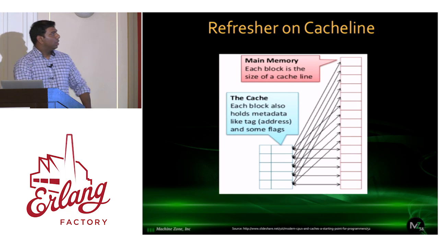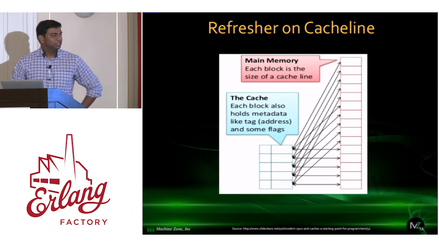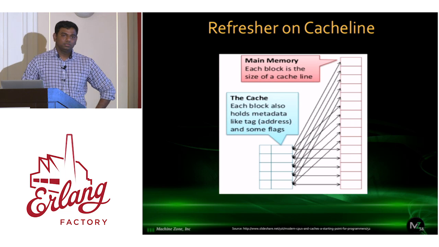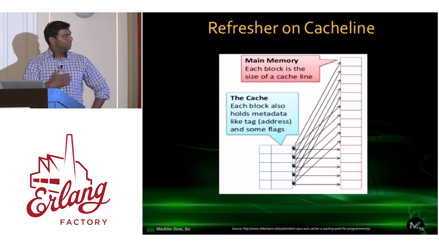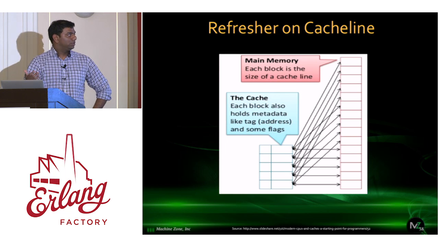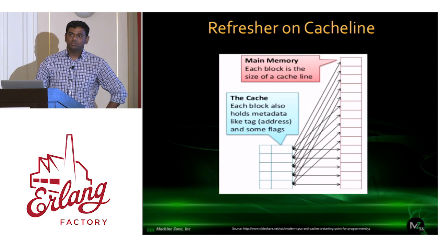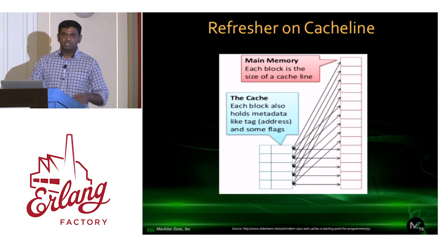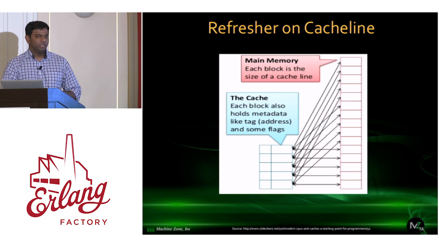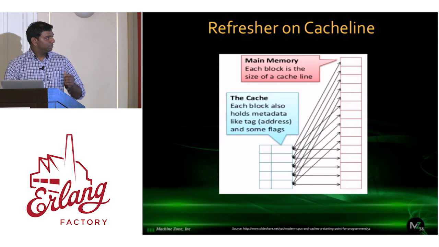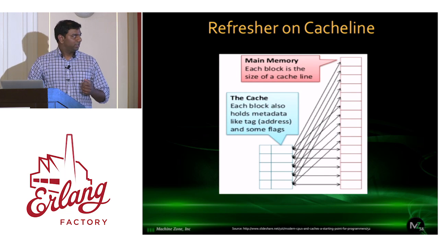On x86, it's about 64 bytes. So addresses 0 to 63 fall in one cache line, and 64 to 127 fall in the next cache line. When a CPU tries to modify a byte, it has to fetch this whole cache line and then modify it. It cannot just address one single byte at a time.